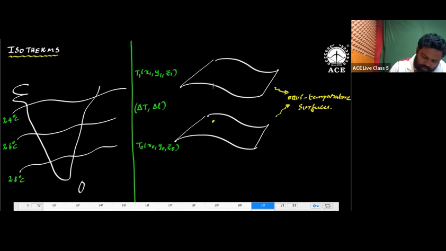I can go like this, here it is delta L0. I can go like this, delta L1. I can go like this, delta L2.